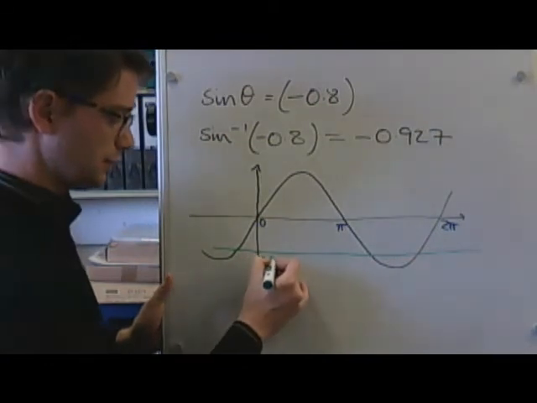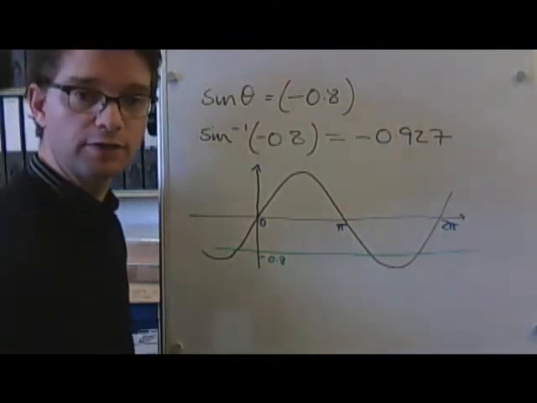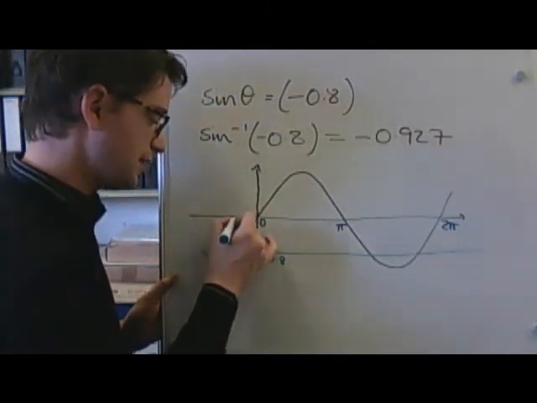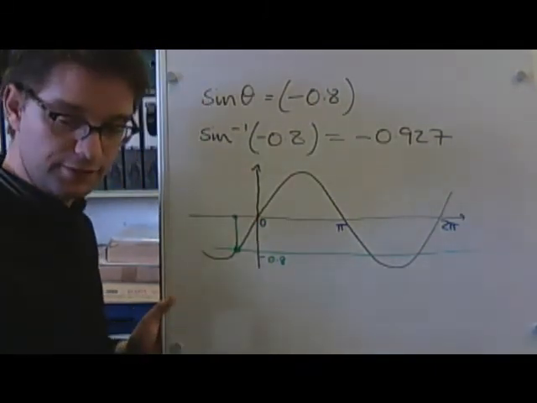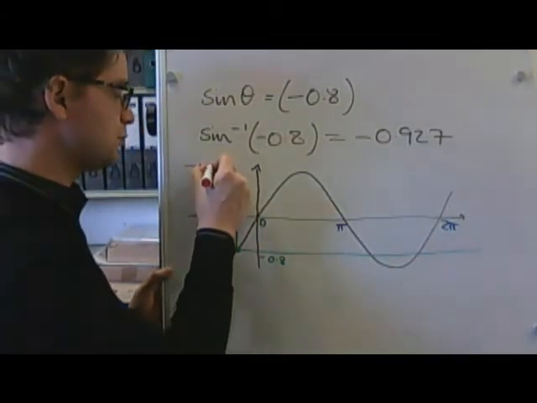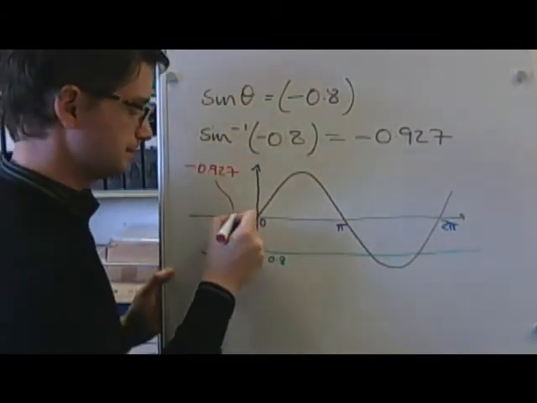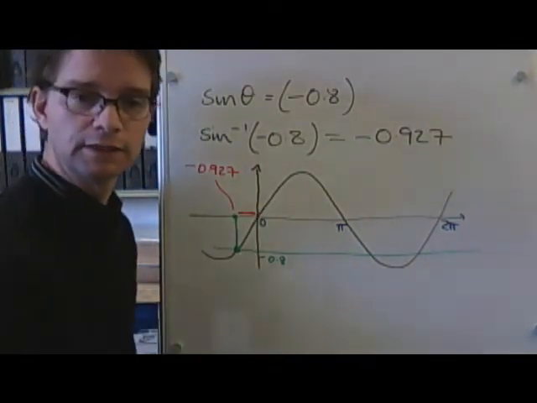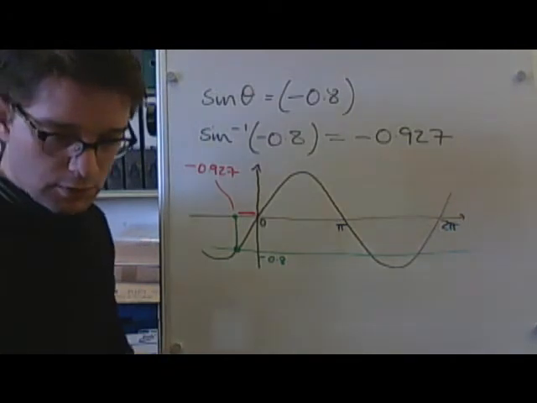This is the height level that we're at. And the first solution we found, the calculator has told us this value. It's told us that this is minus 0.927. Okay, that's the value it's told us.